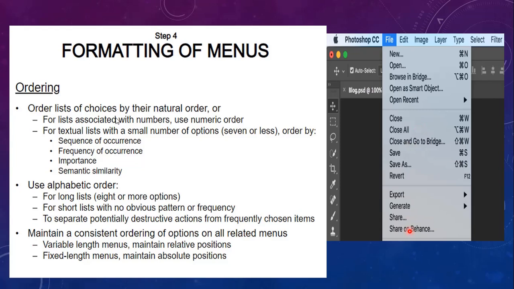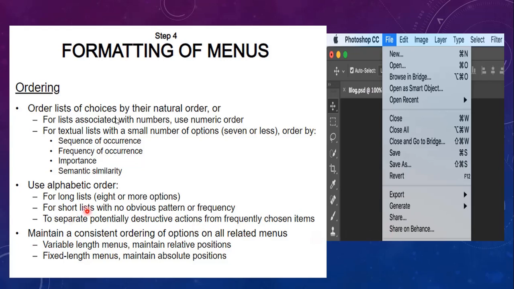Because there are chances that you may accidentally click on that action. That's why we keep the edit, delete, clear or exit options at the last. So separate the destructive options from the frequently chosen choices.